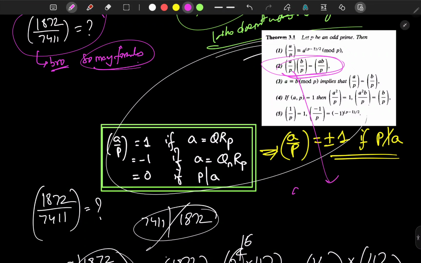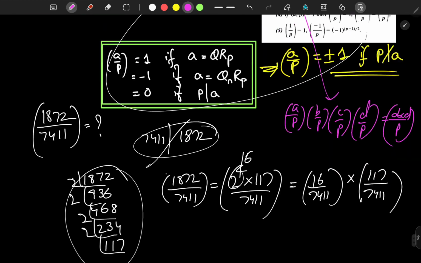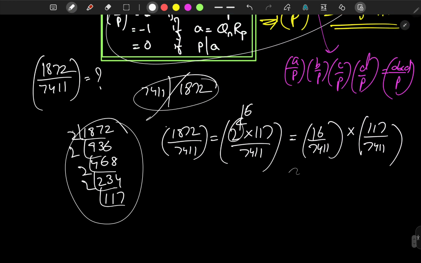Similarly, I can write a by p into b by p into c by p into d by p equals a b c d by p. You can extend this concept so that 16 can be written as 2 into 2 into 2 into 2.